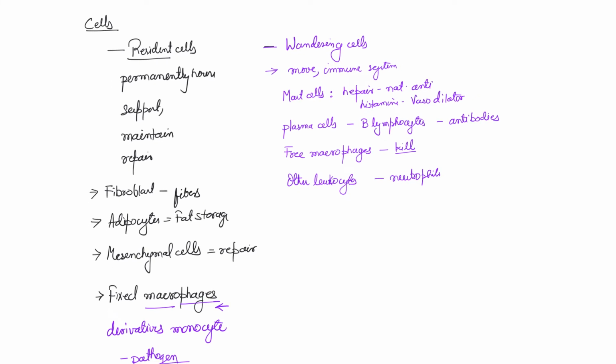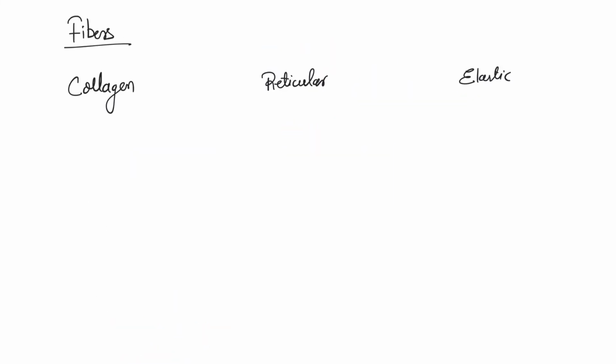Now our next discussion would be on fibers. When we talk about fibers, we talk about three types: collagen, reticular, and elastic. Collagen fibers are made up of collagen protein. Remember, this protein is very important and comprises around 25% of your body. Reticular fibers are made up of the same subunits as those found in collagen, but they are slightly different.